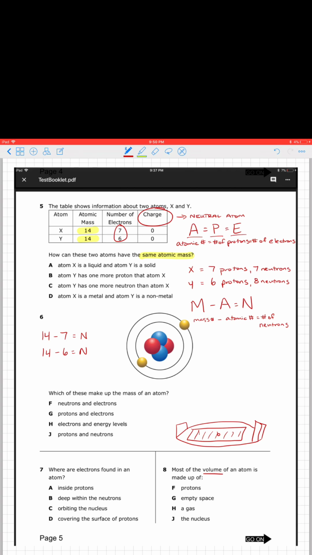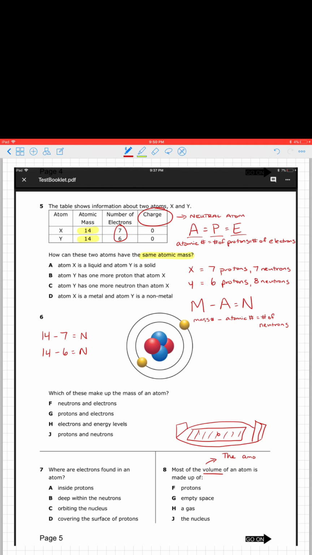But let's take a minute to define volume. So volume is the amount of space that a substance or object occupies. So it's how much space. So let's define that.